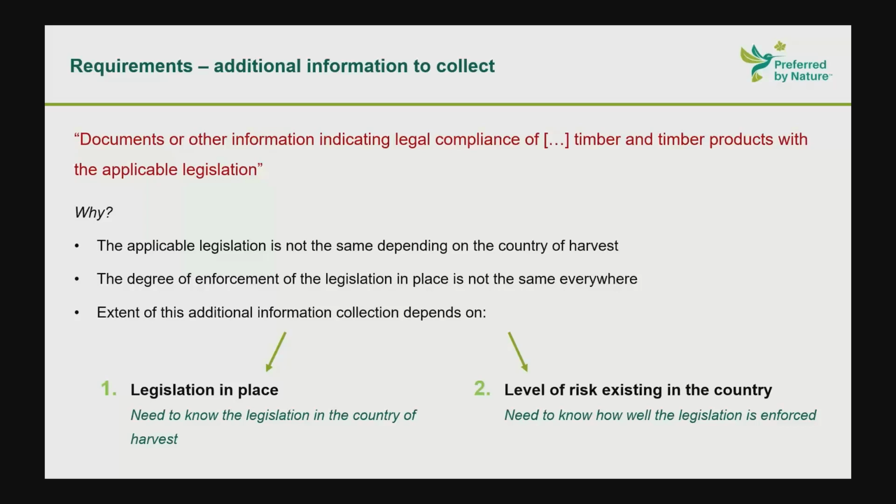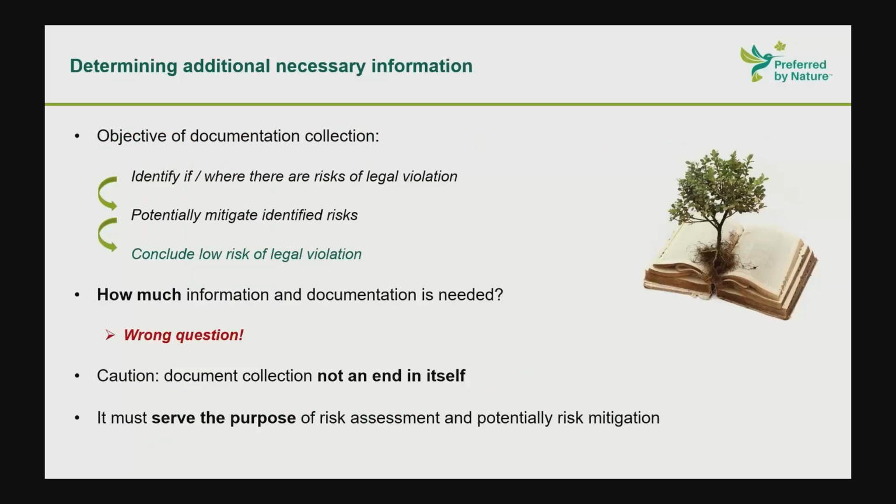Okay, so that's quite an important information to pick up on and to determine when you're doing a due diligence process. It's important to keep in mind that the objective of document collection is to identify if and where there are risks of legal violation, to be able to mitigate risks that have been identified, and to, in the end, conclude low risk of legal violation.